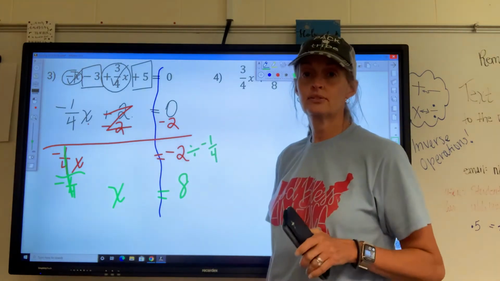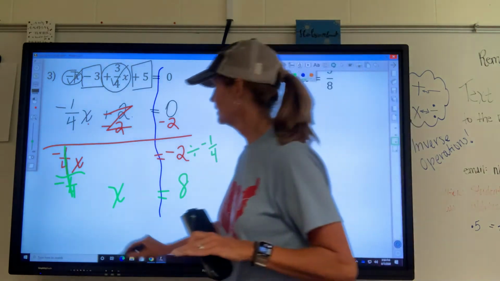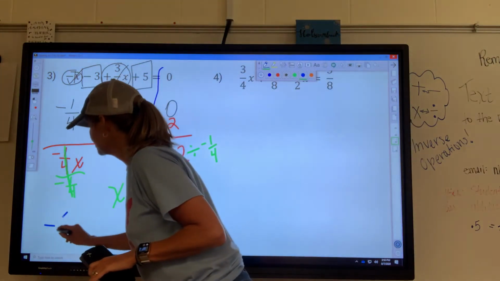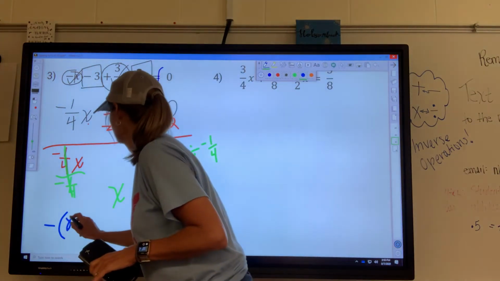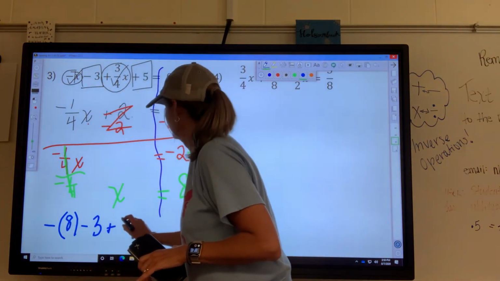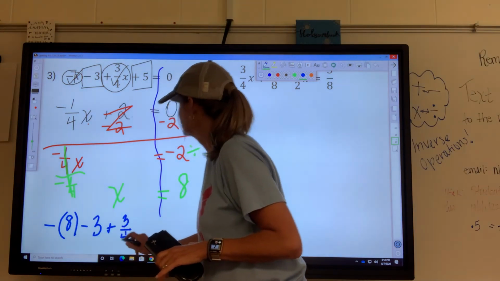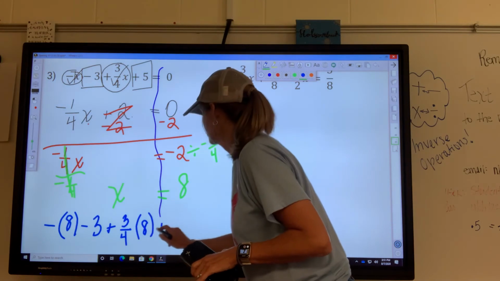That negative is its own part of the problem. Do not get rid of it. It's negative, insert 8, minus 3 plus 3/4. Instead of x, we're going to insert 8 plus 5.